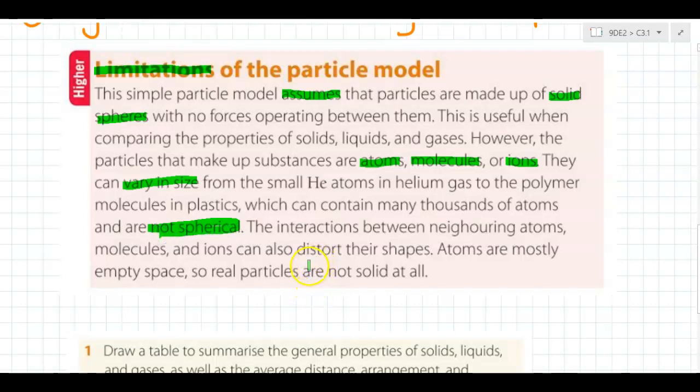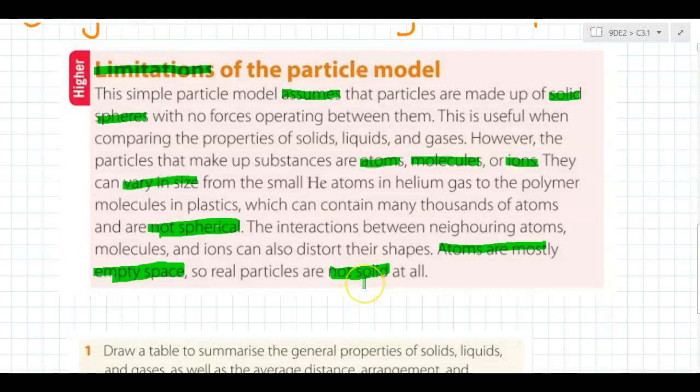Okay, they've got different shapes, and we've learnt in C1 that actually atoms themselves are mostly made of empty space, so they're not solid at all. So there's some limitations to using our model of kinetic theory, but most of the time it's good enough to explain the things that we're seeing. So in science we keep it. It's a useful model most of the time. That's what a model means.